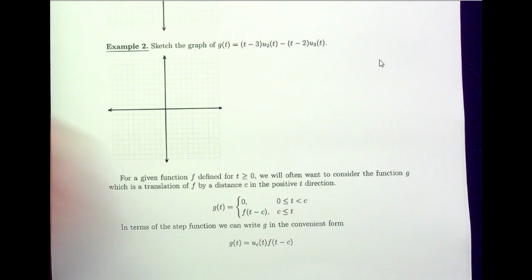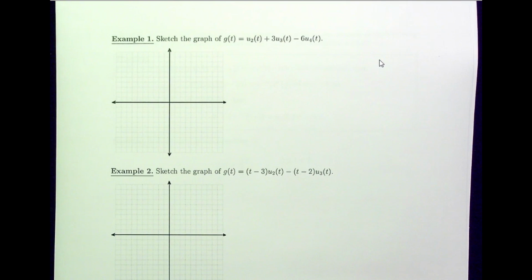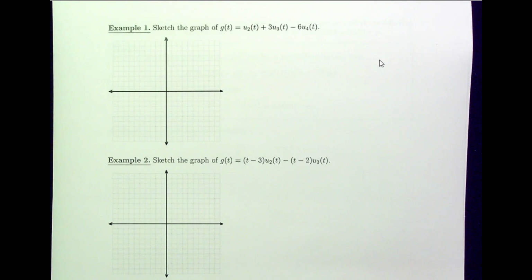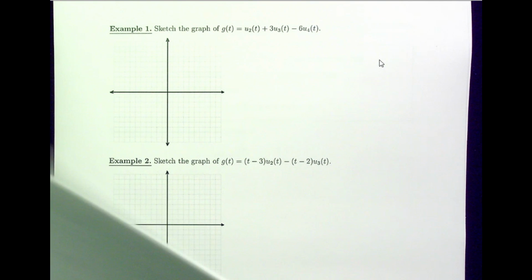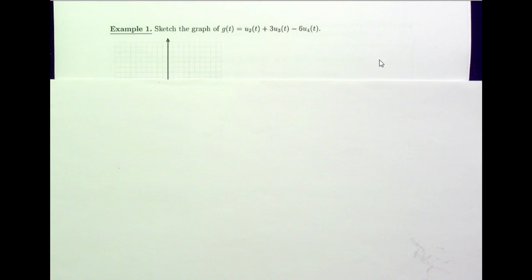Okay, so for some practice dealing with these Heaviside functions, we're going to sketch a couple of graphs to see how this works. And you have to be careful because this could confuse you really quickly, throw you off because of the on and off and whatnot.